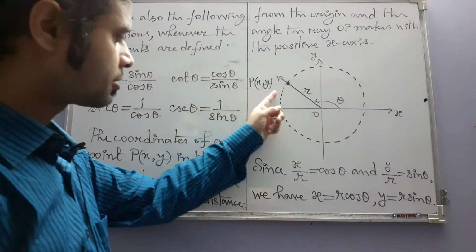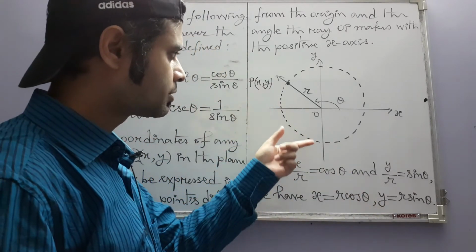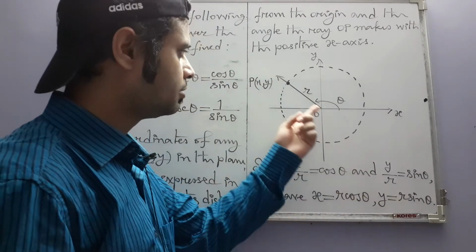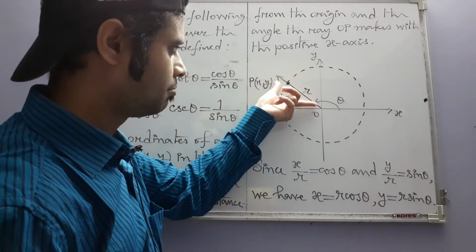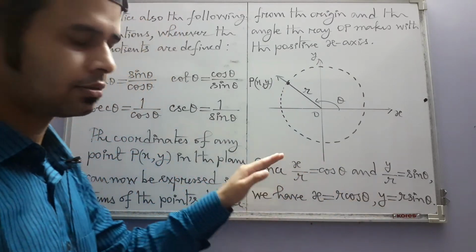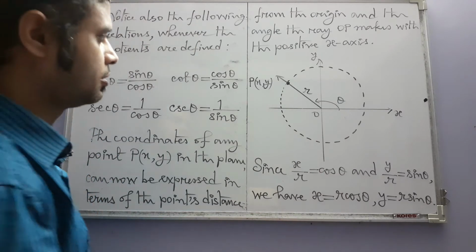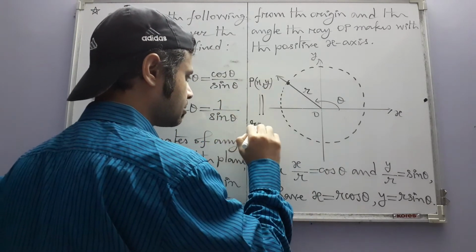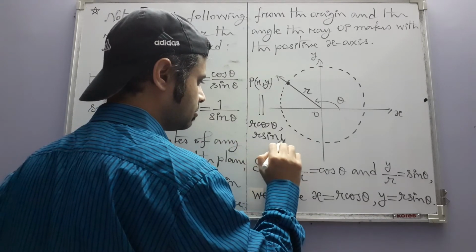We have expressed the coordinates x and y of this point in terms of the distance of the point from the origin, that is r, and in terms of the angle that this ray OP makes with the positive x-axis, that is theta. And in this representation, x is r cos theta and y is r sin theta. So the coordinates here look like this: r cos theta, comma r sin theta.